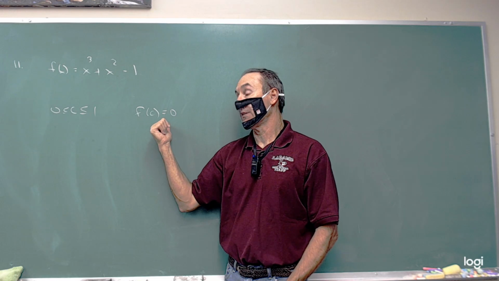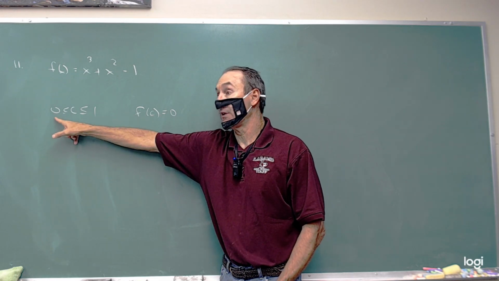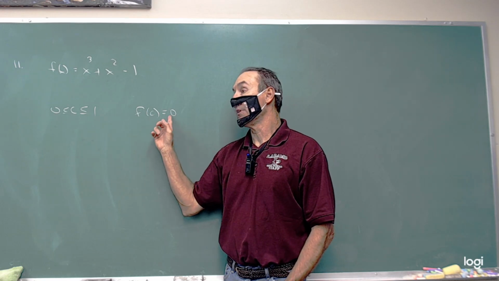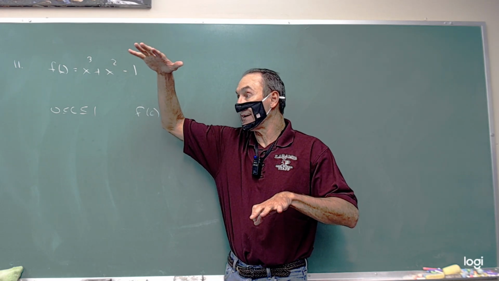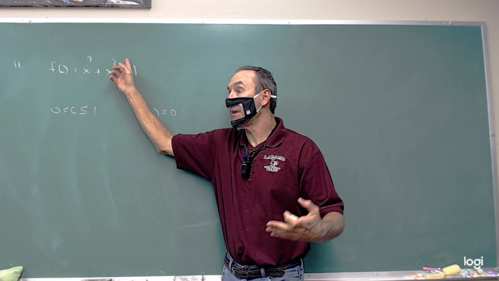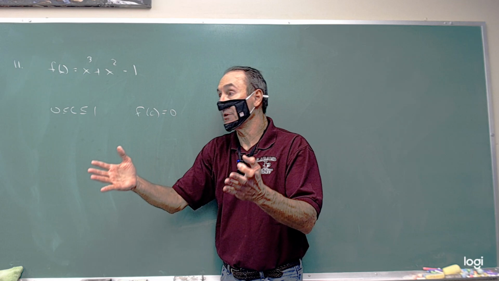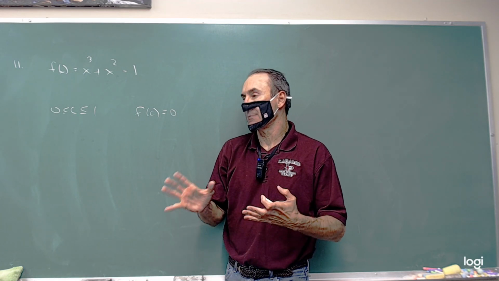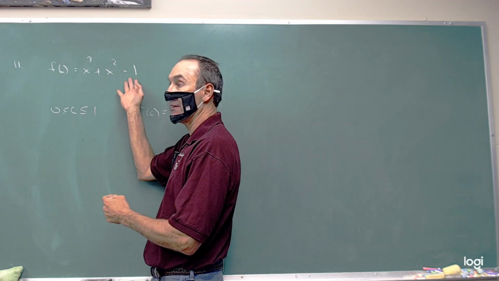So what we need to do is figure out what f of 0 is, what f of 1 is, and if 0 is in between those y values, then we can say because of the intermediate value theorem, it must equal 0 somewhere in there. I don't know where, but it's got to be somewhere there. And that's not hard to do because you plug in 0.